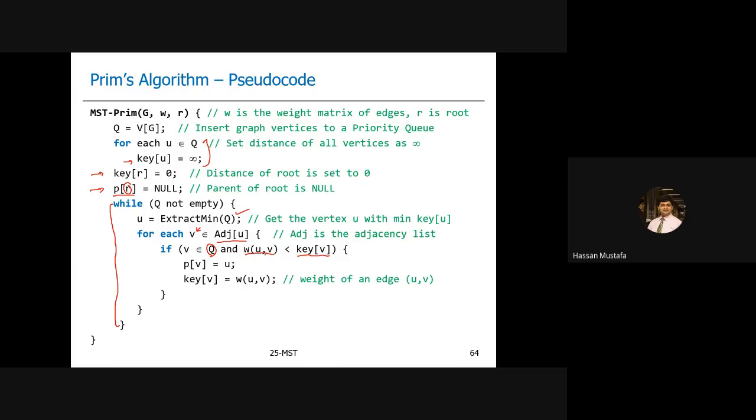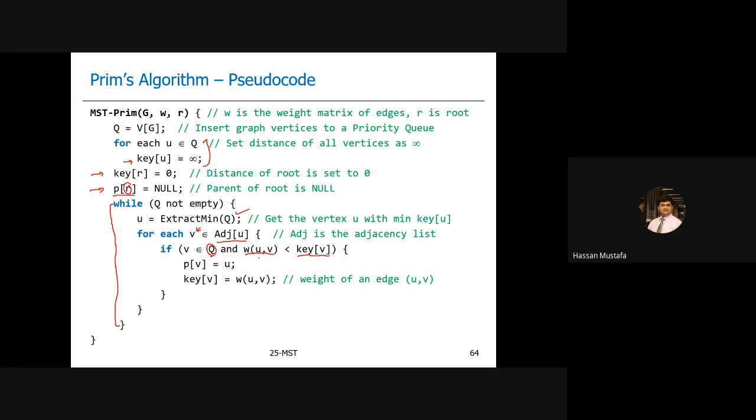So for the root node, the key of all the adjacent nodes is equal to infinity. Okay, so for infinity, this condition would always be true.